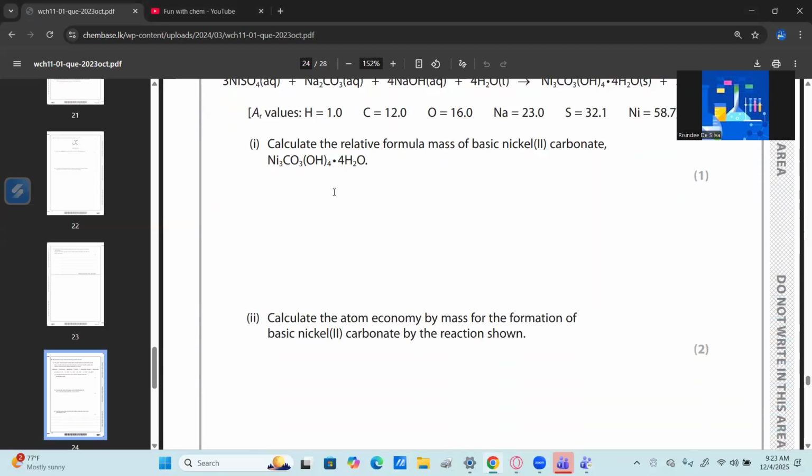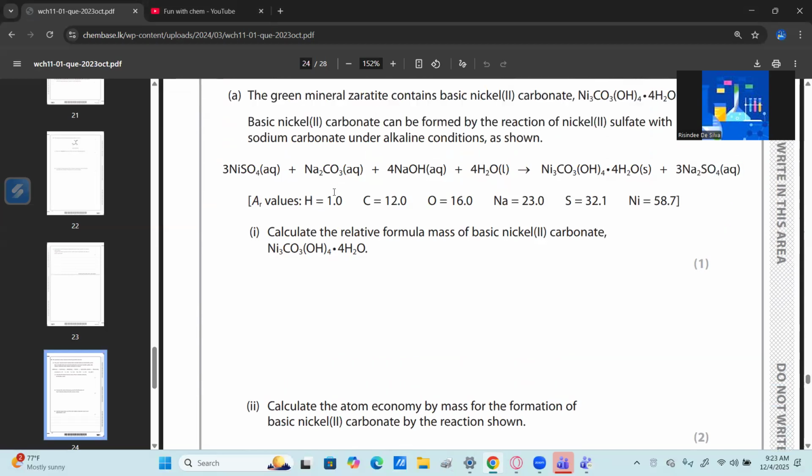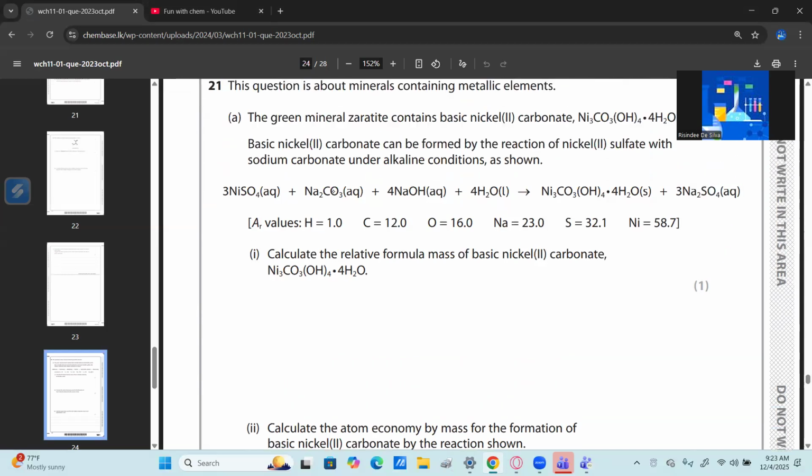Calculate the atom economy by mass for the formation of nickel carbonate. Okay, we already found it as 376.1.